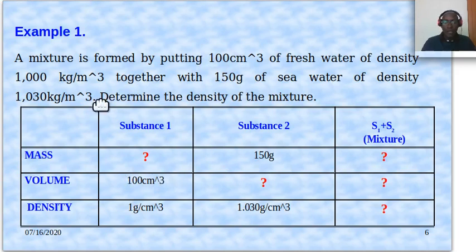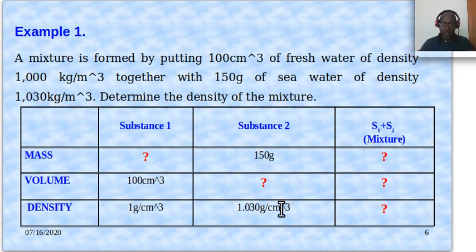Then we are given the density of fresh water. So you put that again in the right box. For substance 2, you are given the mass. So be careful. Put that in the right box here, 150 grams. Then you are also given the density, put it in the right box. That is what we are given.